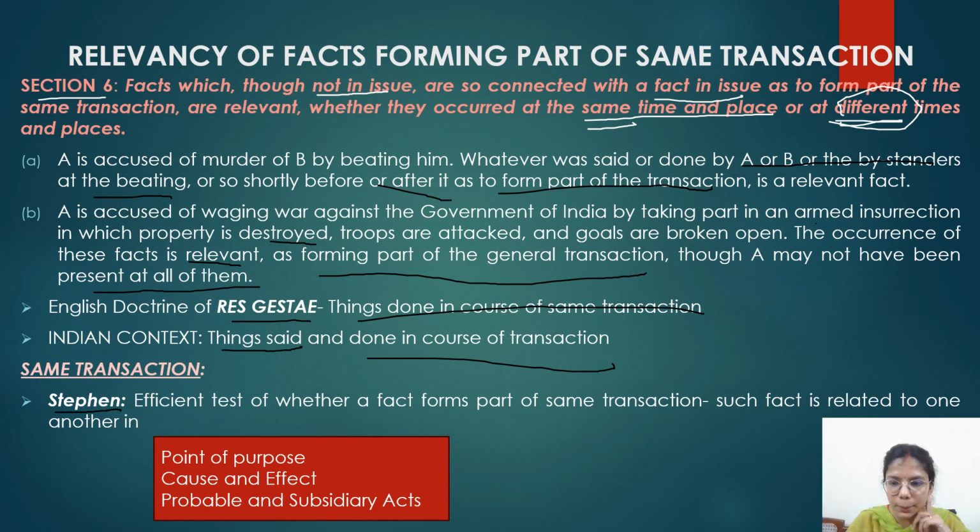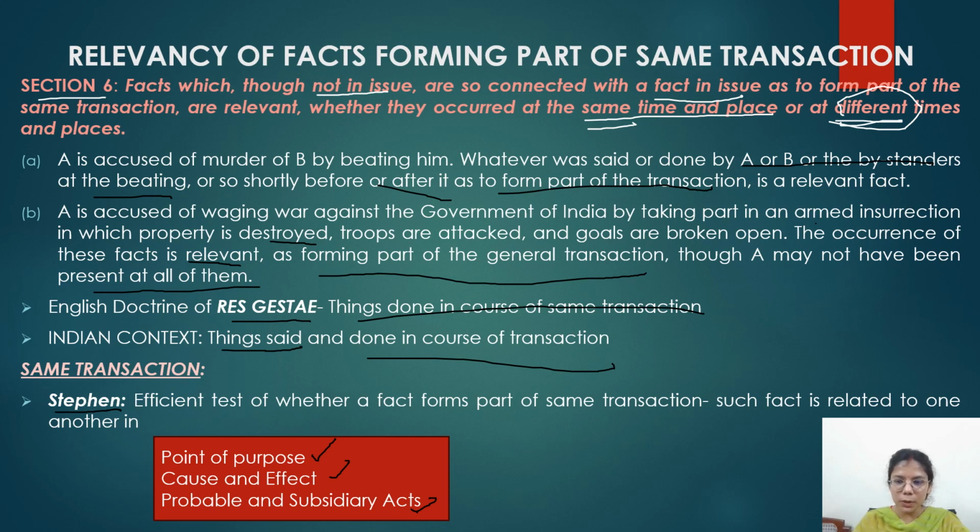These three points are important for understanding whether a particular fact is related to the other fact or not, or whether it can be termed as a part of the same transaction or not. The fact which we are considering is related to the fact in issue with point of purpose, or one is the cause, other is the effect, or they are the probable and the subsidiary acts of the fact in issue.